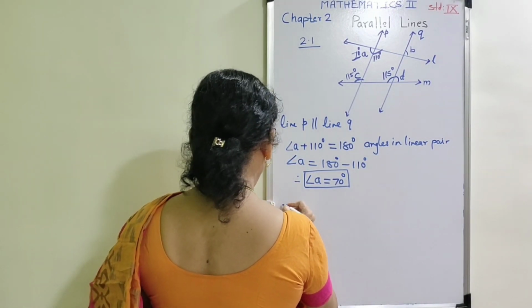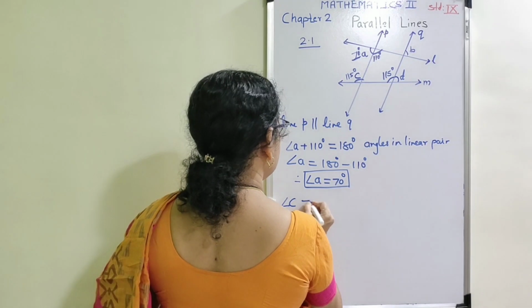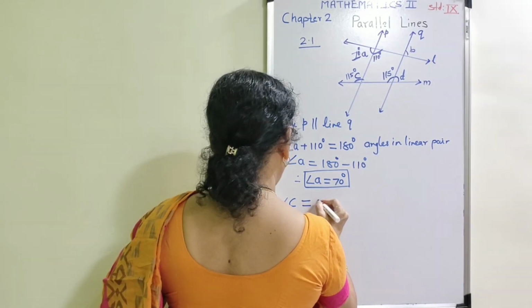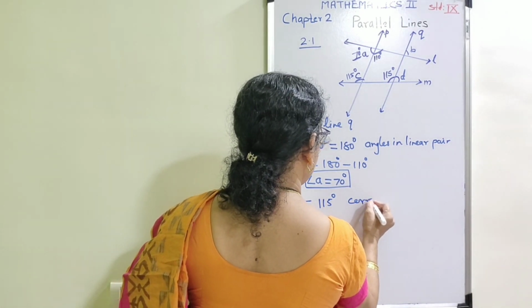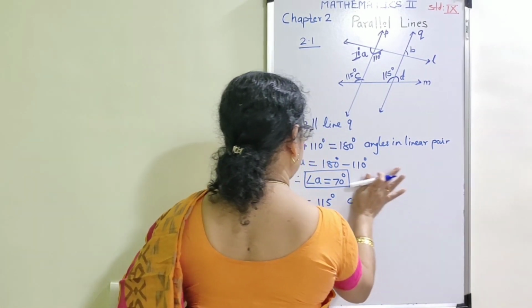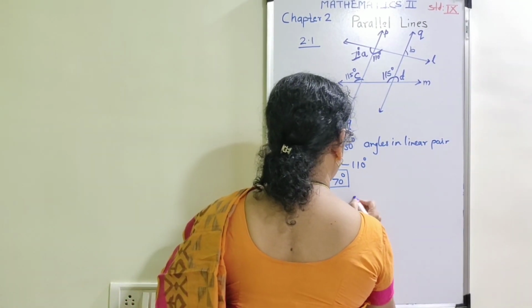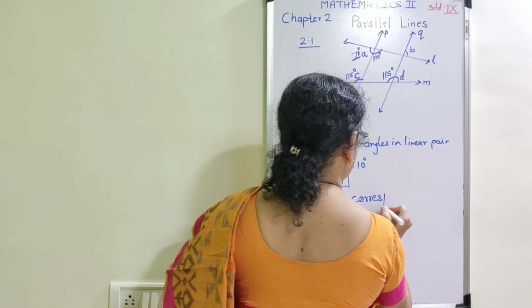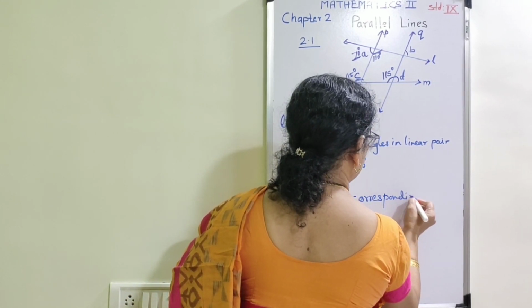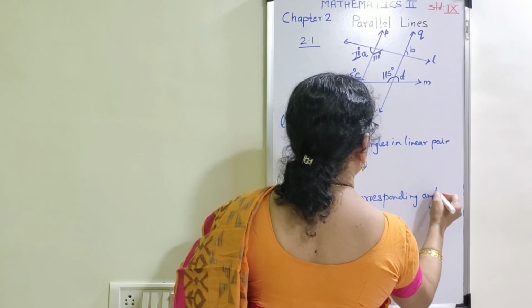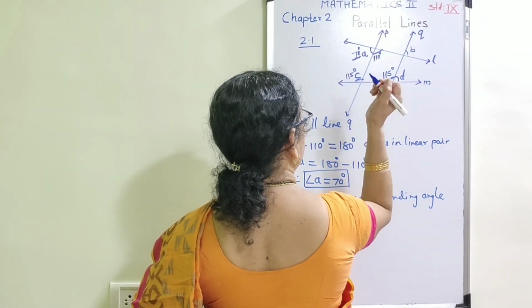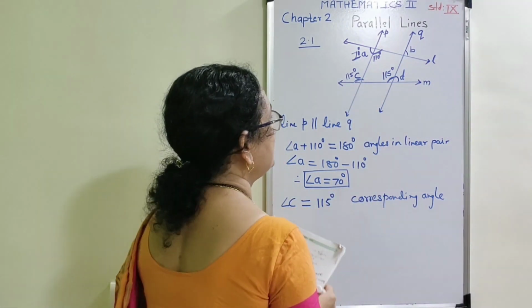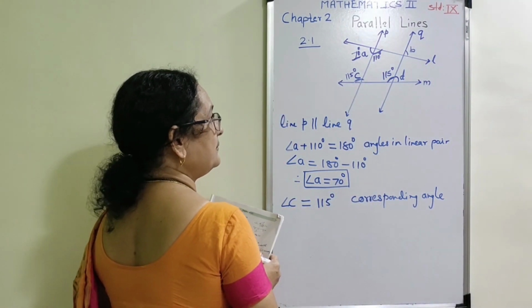Now similarly, angle C is equal to 115 degrees, corresponding angles. Observe the figure. This 115 and angle C both are corresponding angles, and therefore C is also equal to 115.